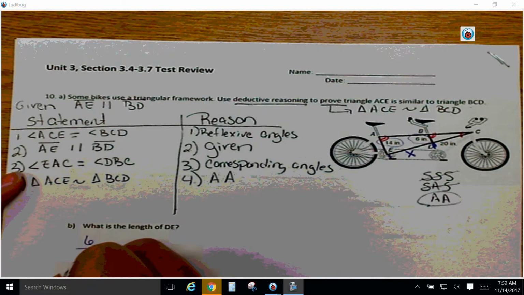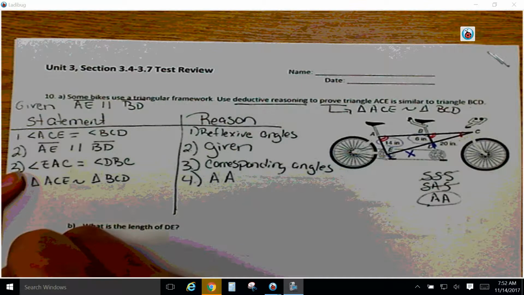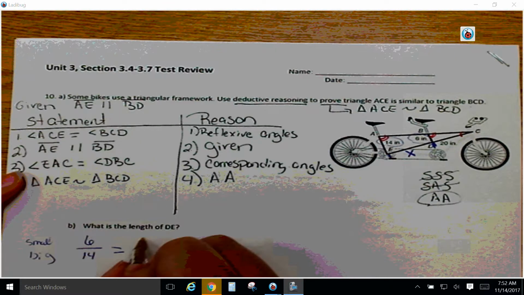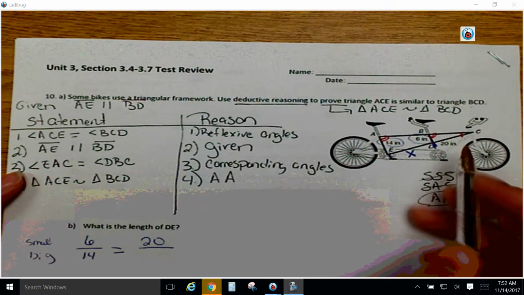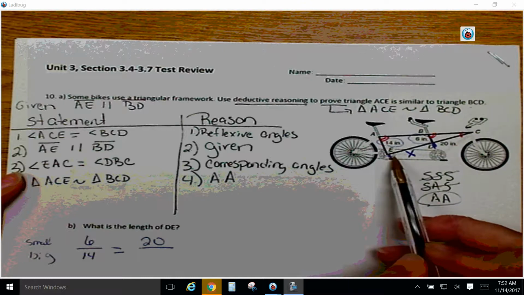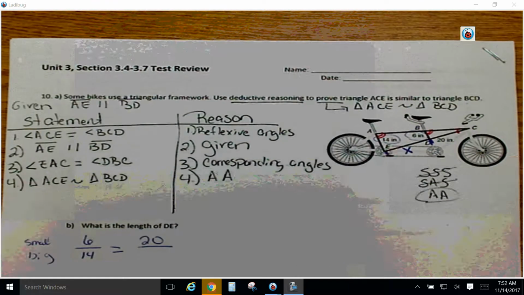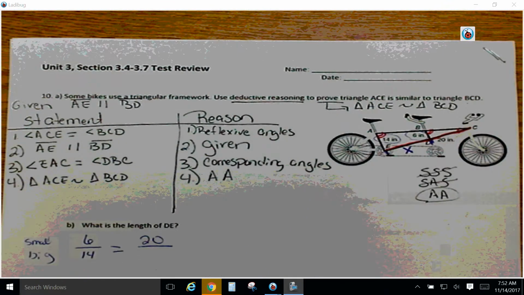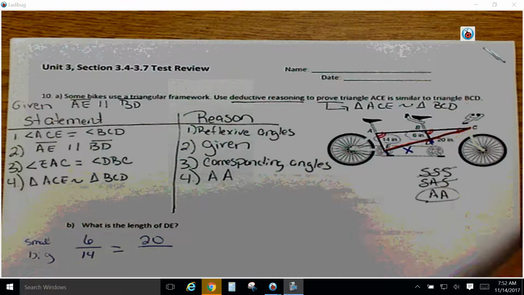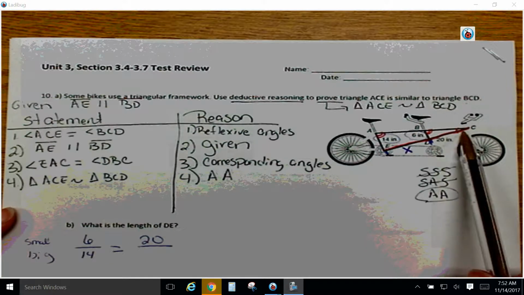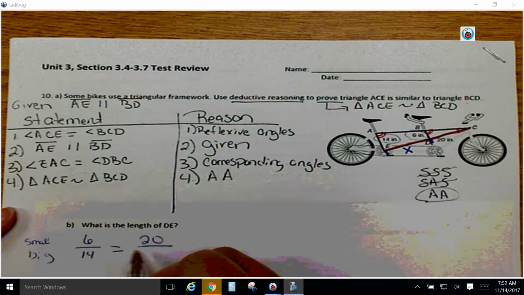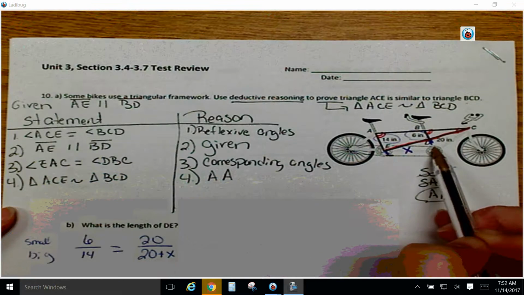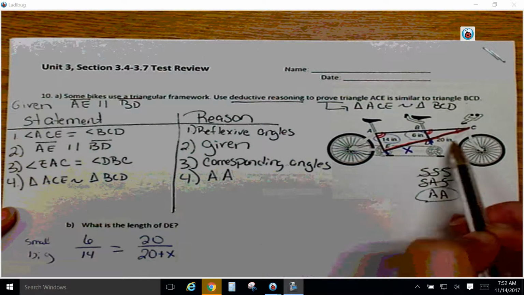So 6 to 14, and I'm doing small to big to keep it straight, is equal to small is 20. Uh-oh, big is not X. Do you see that that's only this portion? Big is this entire line right here, that entire thing. So I have to have a way to represent that. So I'm going to say that it is 20 plus X. Do you see what I just did? I need this entire amount, not just this amount. So it's not just X, it's 20 plus X.